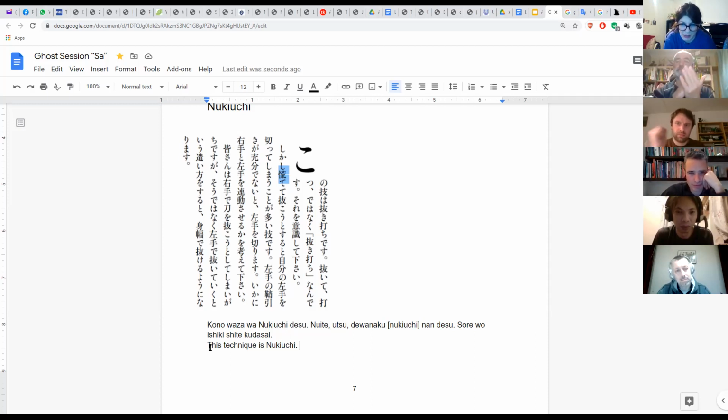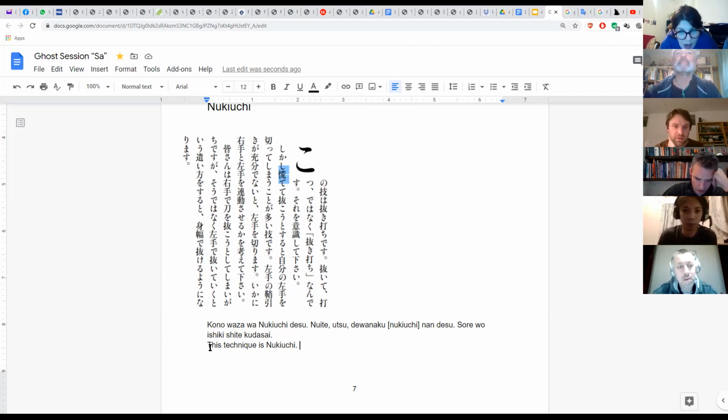Hitting, like hitting. Ah, utsu. Okay. De wa naku. Nukiuchi nan desu. So that is not what nukiuchi is. So drawing, hitting is not what nukiuchi is supposed to be.